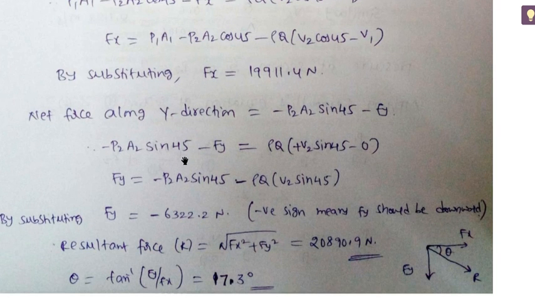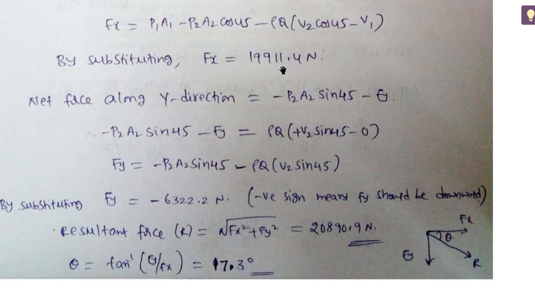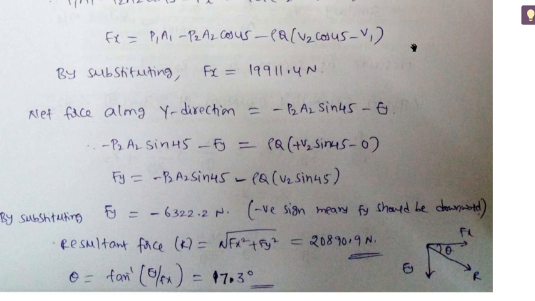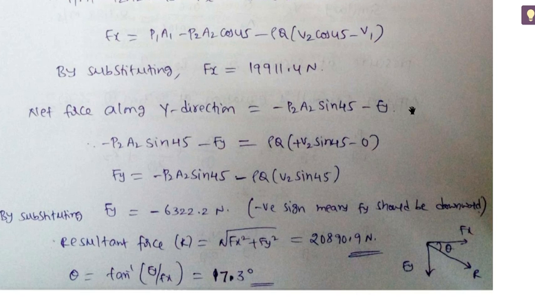So after getting Fx and Fy, this is Fx, 19911.4 Newton, and this is Fy. Fy we got negative, that indicates that the direction we have taken is wrong, we have to reverse the direction. Fy we have taken upward, the force acting on the bend by the fluid, so we have to take it now downward, and Fx is this side, this is the resultant force acting on the bend.